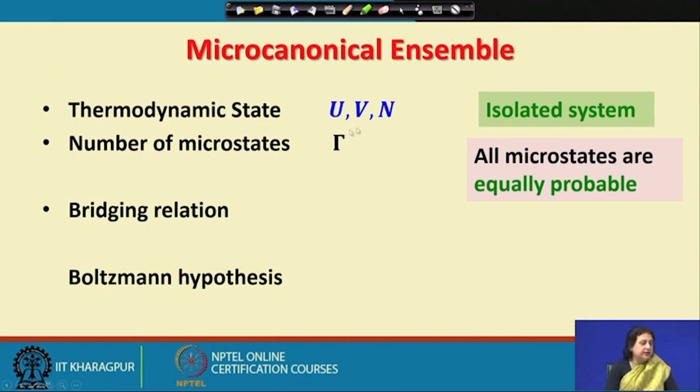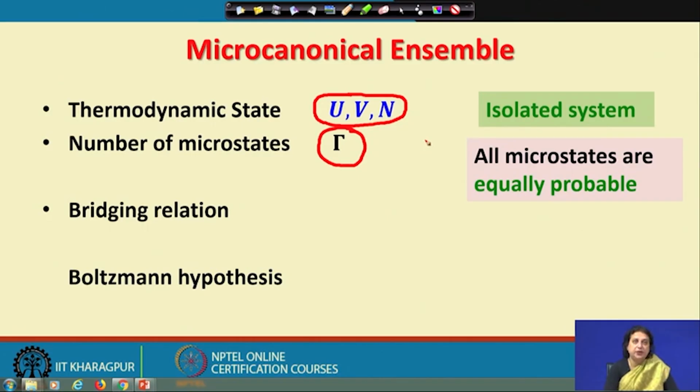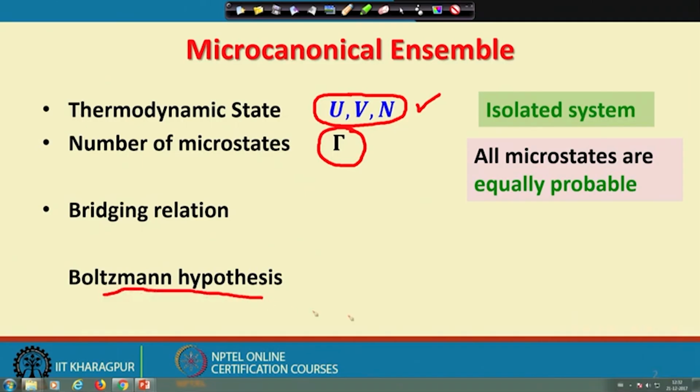Now, as you understand, this particular limit is the description of the system in the macroscopic limit, and whenever I am talking about the microscopic limit, then I am characterizing them in terms of quantum numbers and counting the number of microstates, all of which obey this particular condition. Now, we have already seen what the bridging relationship is between these two limits, and that is the Boltzmann hypothesis.